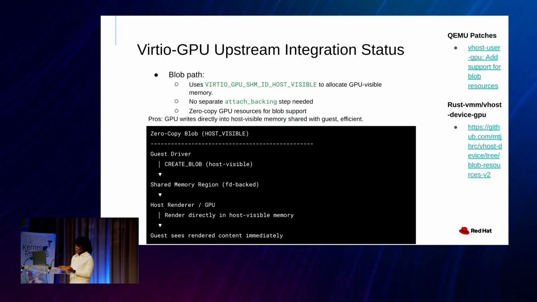Instead, both the guest and the host can actually access the same memory region. And this is why zero copy blobs are faster and more efficient, given that the vhost GPU can render directly into the host visible memory that's being shared with the guest.